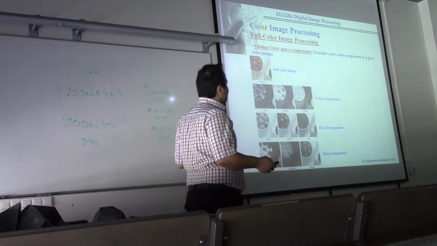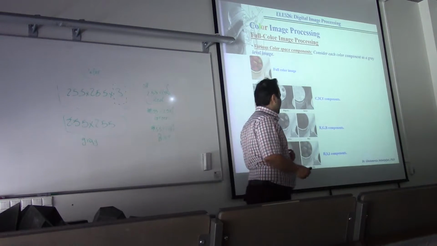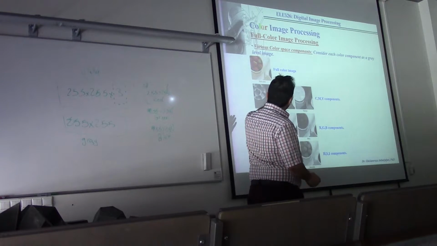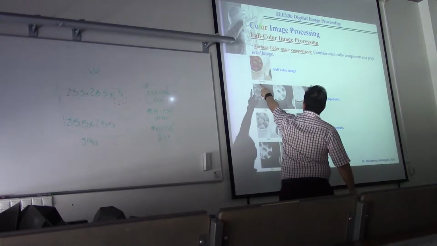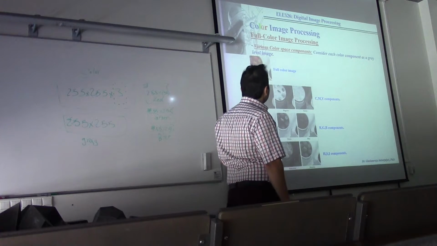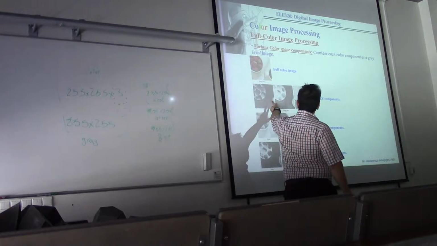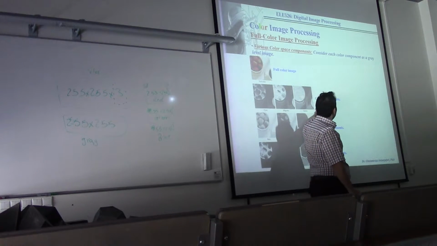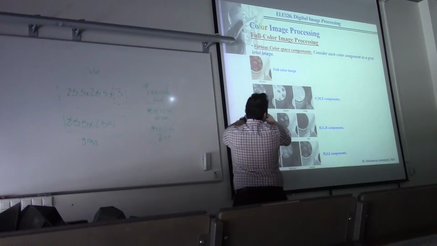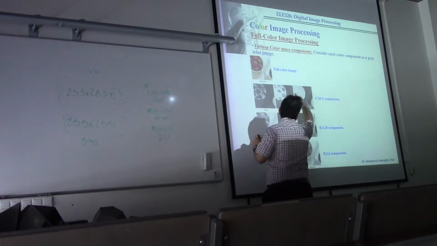Also, you can see some examples of the different color spaces and the different components. For example, here we have the full color image, and when we transfer it to the cyan, magenta, and yellow components, we have the cyan like this, magenta and yellow.